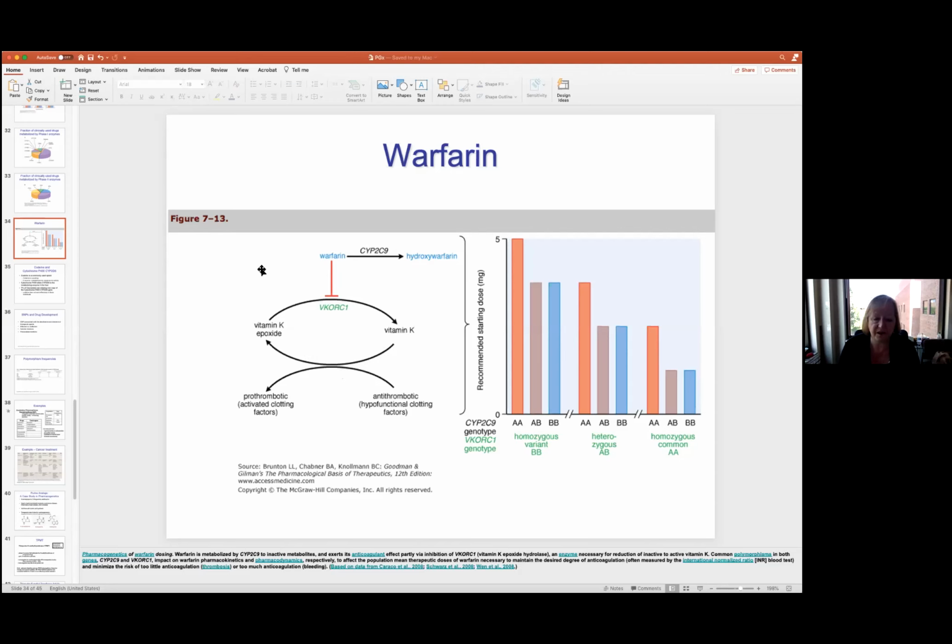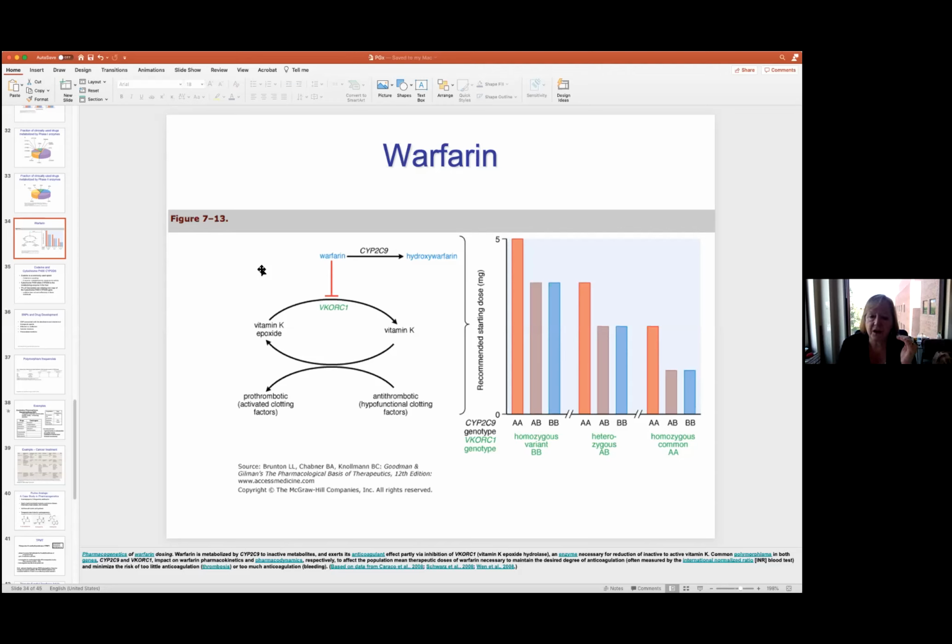And the issue with warfarin is that the therapeutic index is very, very tight. So when a patient is first put on warfarin, quite often they initially come in several times a week and then proceed to once a week, then to once a month, as the pharmacist is titrating the levels of the drug that they're getting.